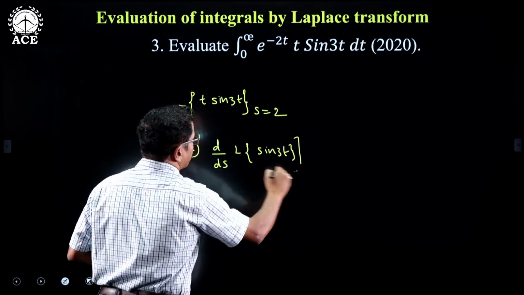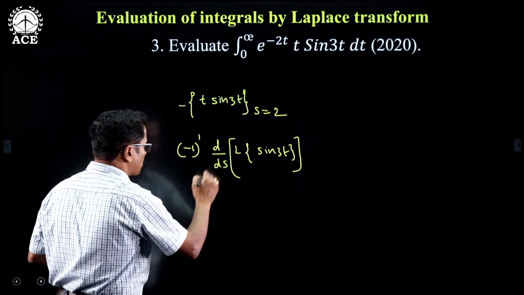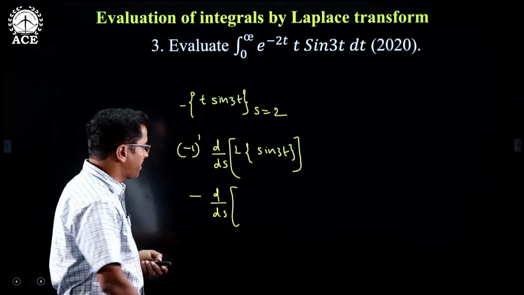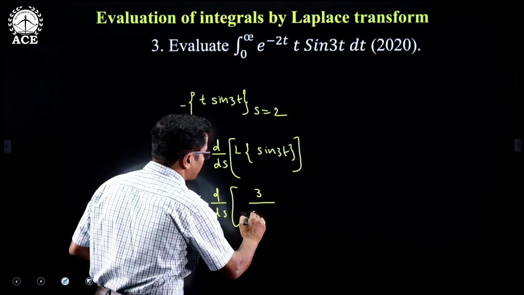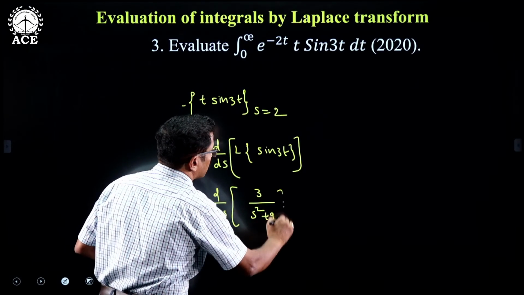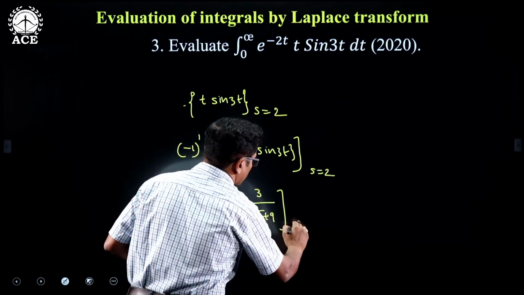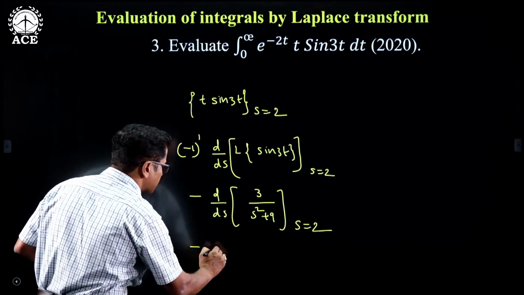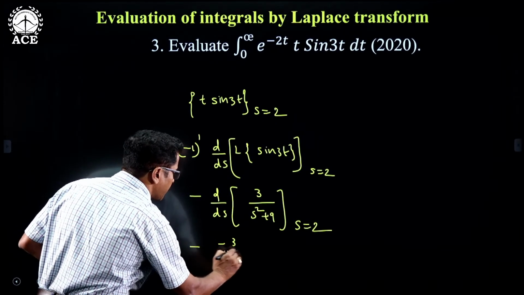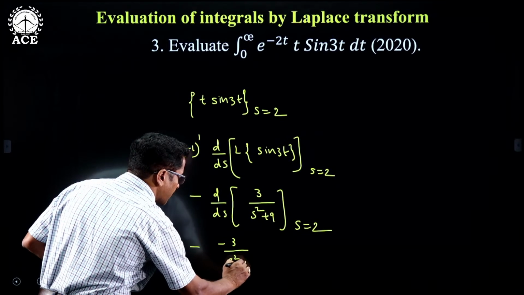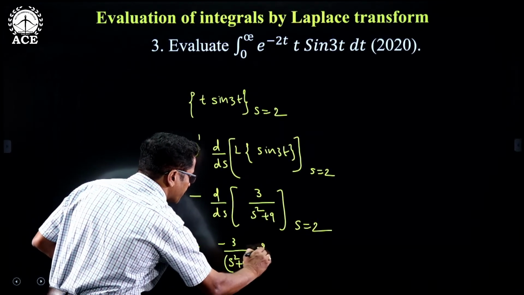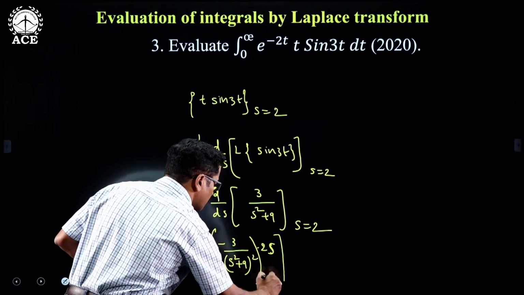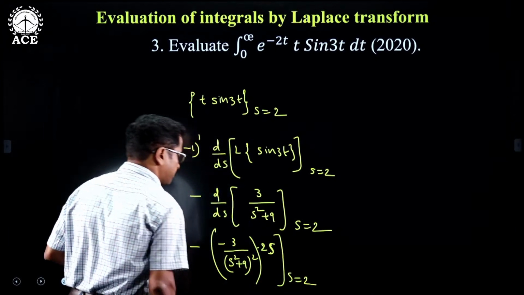Minus 1 whole power 1 means minus d by ds of L of sin 3t, that is 3 by s square plus 9, where s is equal to 2. So minus d by ds of this means minus 3 by s square plus 9 whole square into 2s, where s is equal to 2.